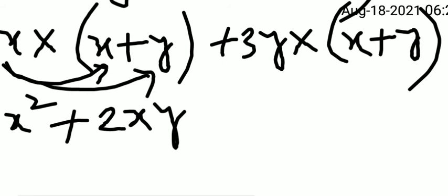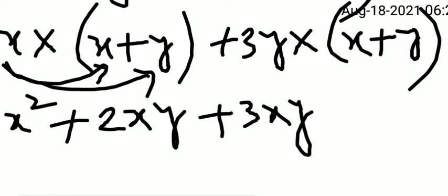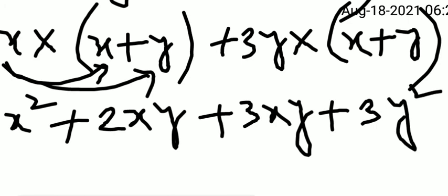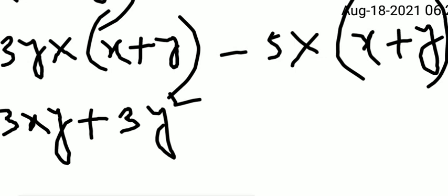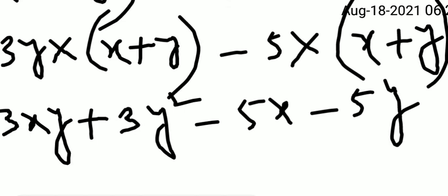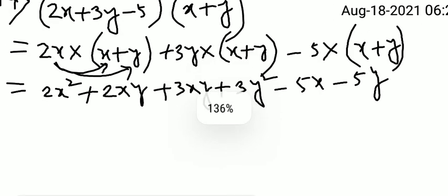Then plus 3y multiplied with x will be plus 3xy, plus 3y multiplied with y will be 3y square. Minus 5 multiplied with x will be minus 5x, minus 5 multiplied with plus y will be minus 5y. Okay, this one.